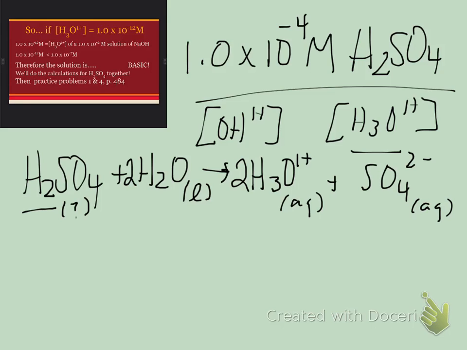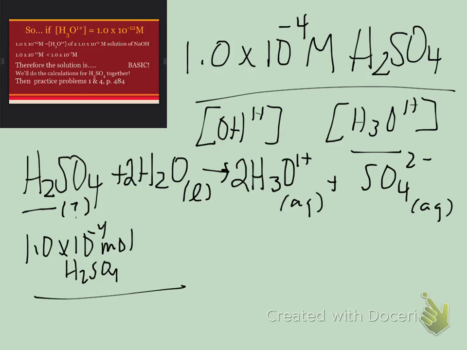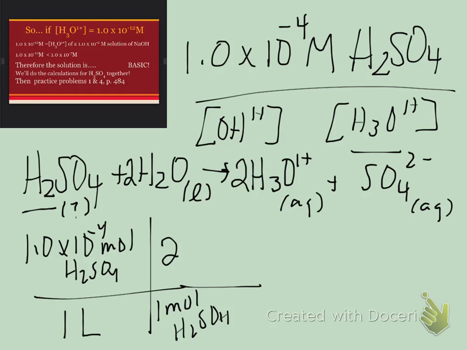What's our next step? We can do a factor label now. So we know that we have 1.0 times 10 to the negative 4 moles of H2SO4 in every 1 liter of solution. And we know that for every 1 mole of H2SO4, we're going to generate what? 2 moles of hydronium.